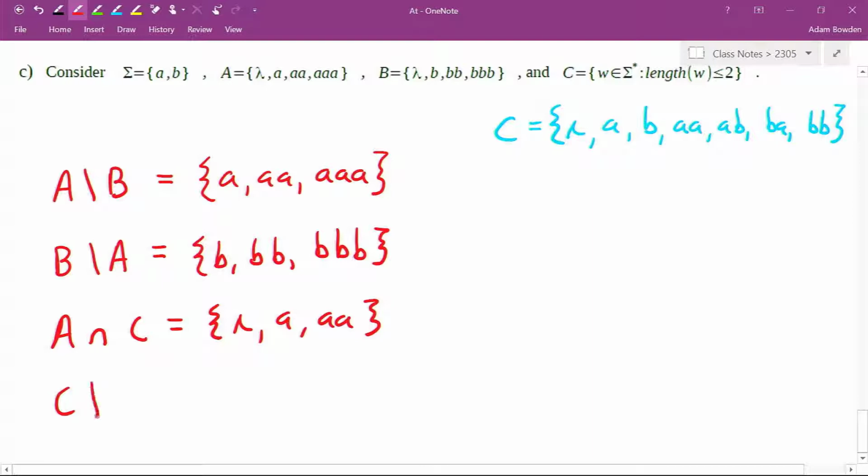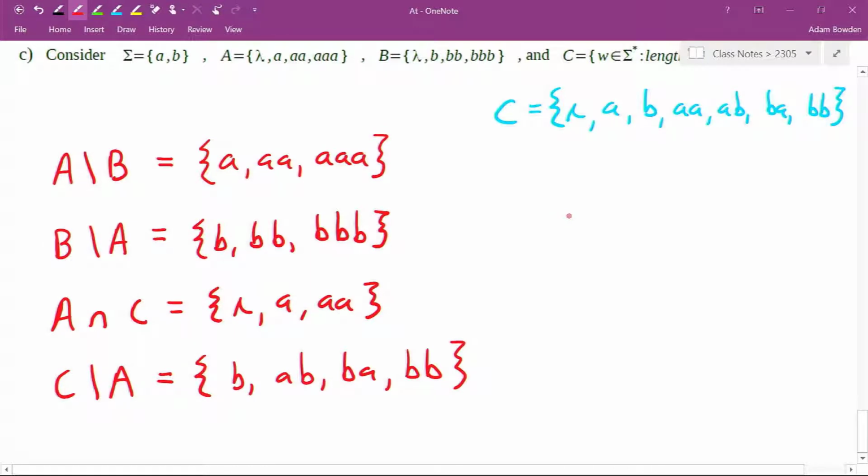If we do C relative complement with A, we'll take everything from A that's in C and take that out of there. So we just figured out what they have in common are those three things. So if I take the lambda, the A, and the AA away from C, what's left over is B, AB, BA, and BB.